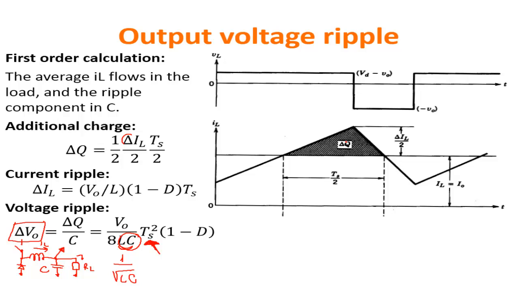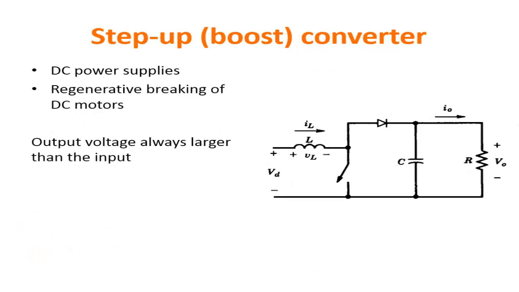Okay, now let's look at the other architecture. We can go faster because the main concepts I think have been already clarified now. Another situation is the one in which you need an output voltage that is larger than the input one.